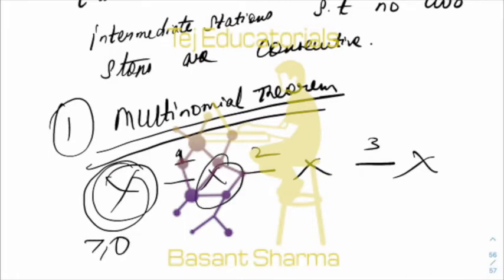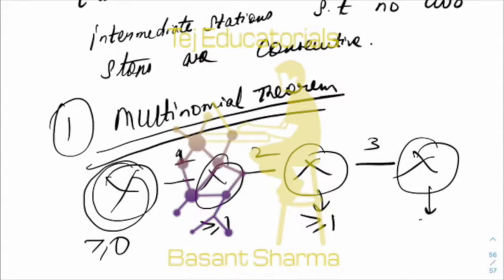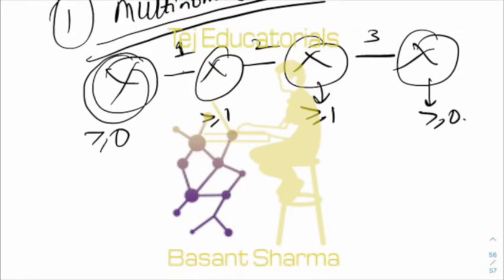Then you want at least one station between 1 and 2, and at least one station between 2 and 3, and you can have any number of stations in the last gap. We will study the multinomial theorem later, and if you use that, it's pretty straightforward to get the solution. Since we do not have the multinomial theorem at hand, what we do is the following.